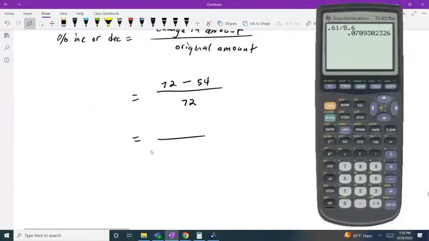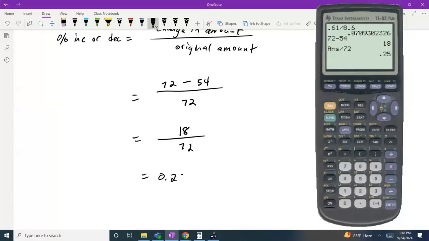All right, so if we simplify the numerator, 72 minus 54, that's going to give us 18. Notice that even though this is a decrease, the numerator is always going to be a positive number, divided by 72. So we're going to take 18, divide that by 72.